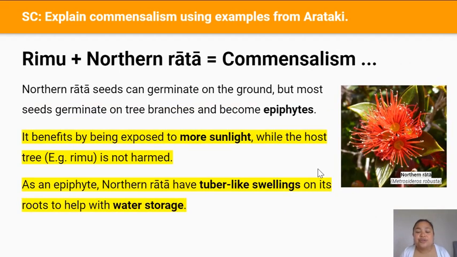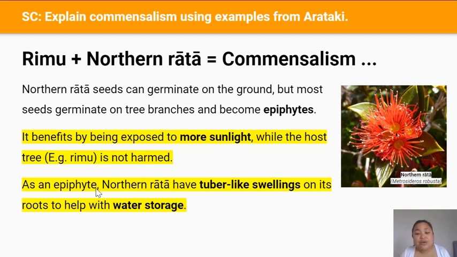Rimu and Northern Rata. That relationship is called commensalism to begin with. Okay, so Northern Rata seeds can germinate on the ground, but most seeds germinate on tree branches and become epiphytes like the perching lily. It benefits from being exposed to more sunlight, while the host tree, Rimu, is not harmed.